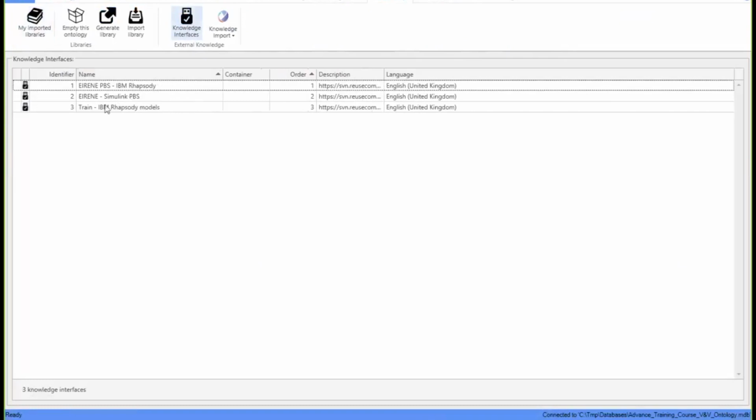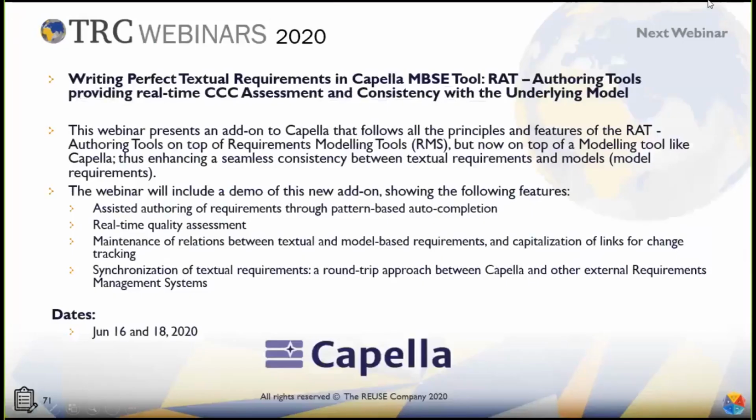So in that case, for example, we just bring a breakdown structure from IBM Rhapsody. These three are merged within our databases right now in this first one. One from Rhapsody, one from Simulink, another PBS from Rhapsody, and then one Rhapsody model for the train in it. So the answer is no, you don't have to do that. You can easily connect to this information from the outside and use it for your replication.